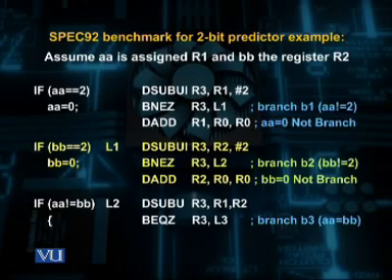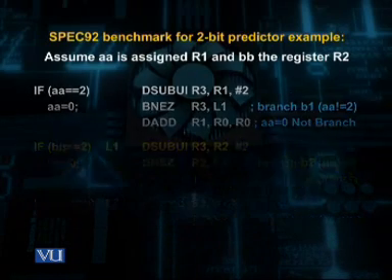A predictor that uses the behavior of a single branch to predict the behavior of that branch cannot capture this behavior. So we need another type of predictor, which is known as the correlating branch predictor.